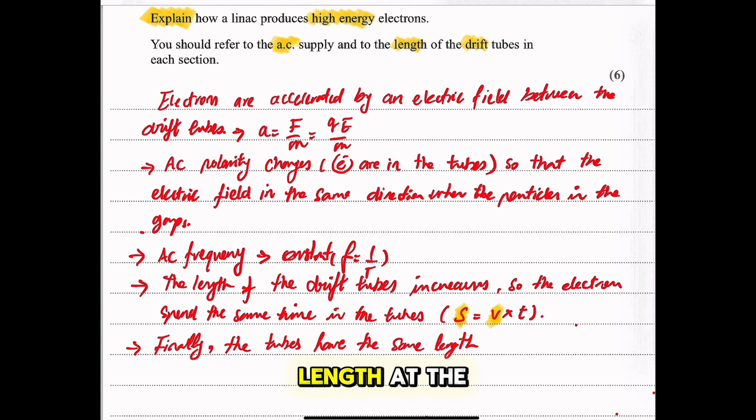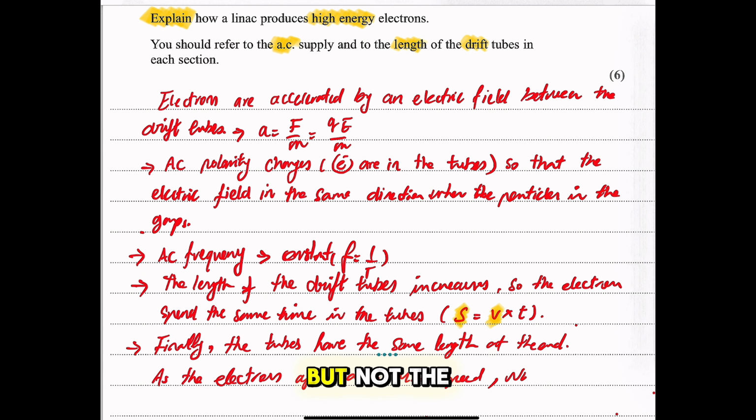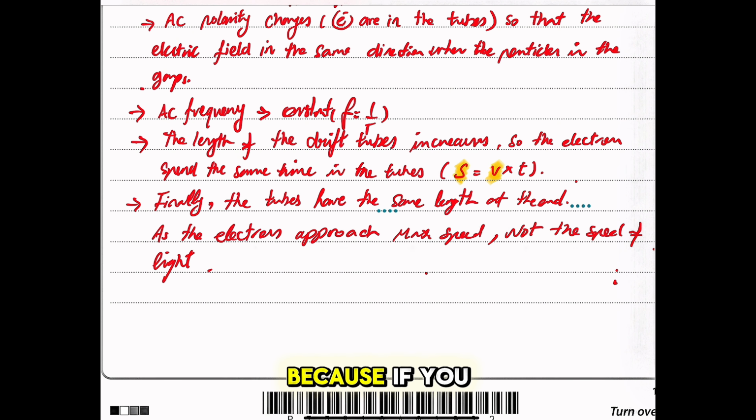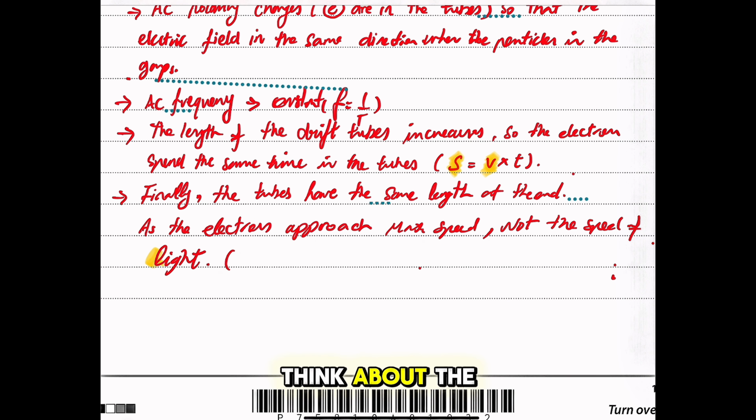And finally, if the tubes have the same length at the end, what does it mean? It means the electrons, as accelerated charges, approach a kind of maximum speed, but not the speed of light. Think about the formula s equals v times t.